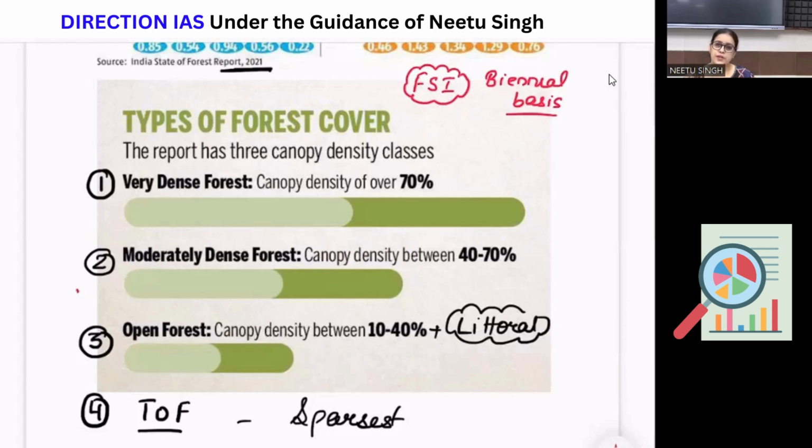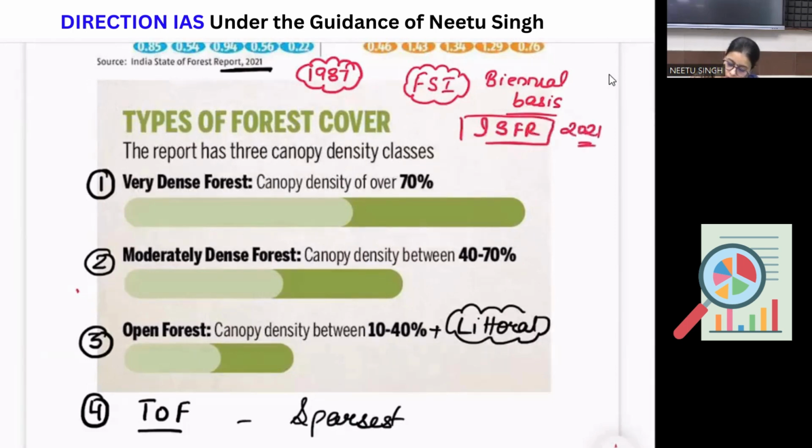So Forest Survey of India comes up with a biennial report. And the biennial report की beginning जो है वो 1987 से शुरू हुई थी. And biennial report has been giving us the status of Indian forest. It is identified as Indian State of Forest Report. And when I talk about the available data with us, it is 2021.